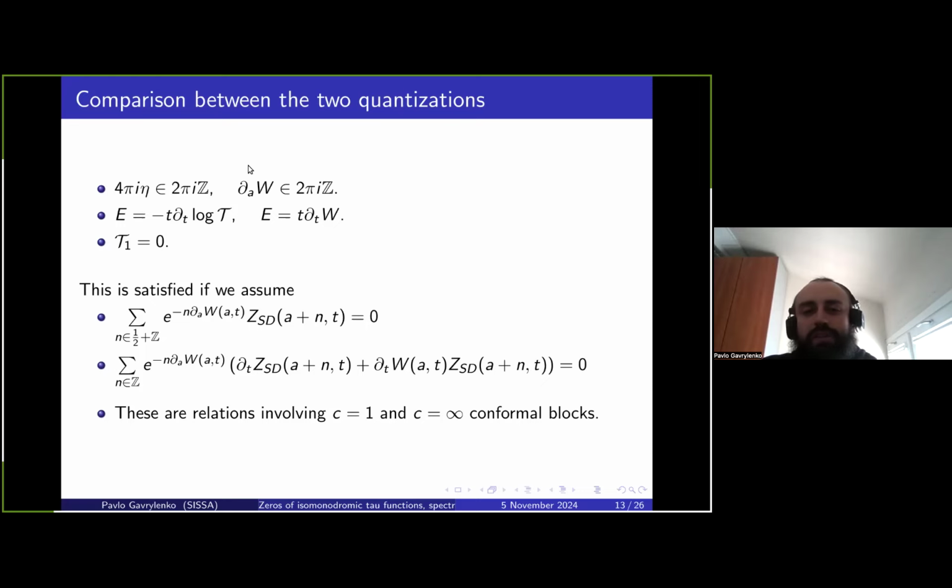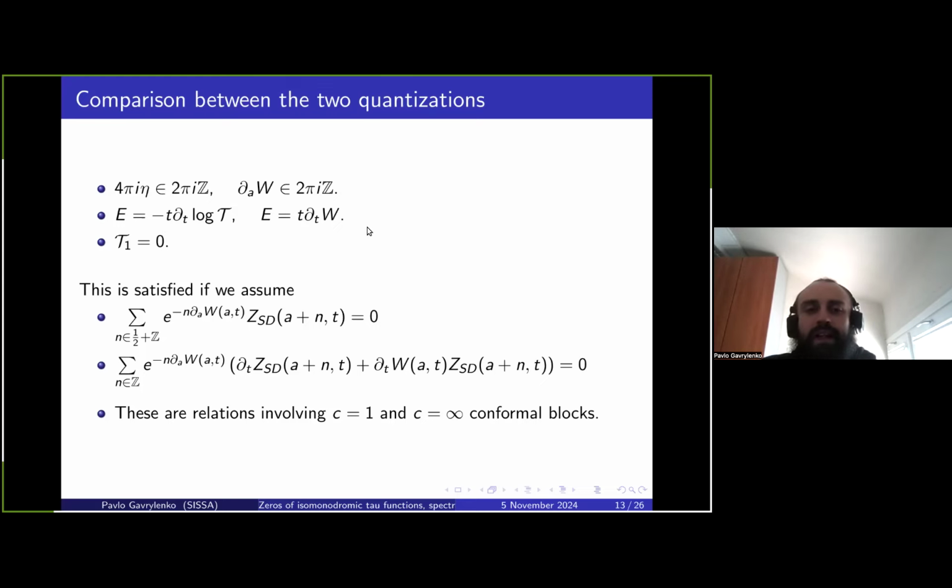In the other case, we have some derivative of W, and it should also be quantized. Also, in one case, the energy is given by the logarithmic derivative of the tau function at this special point. In the other case, it is a derivative of this W.